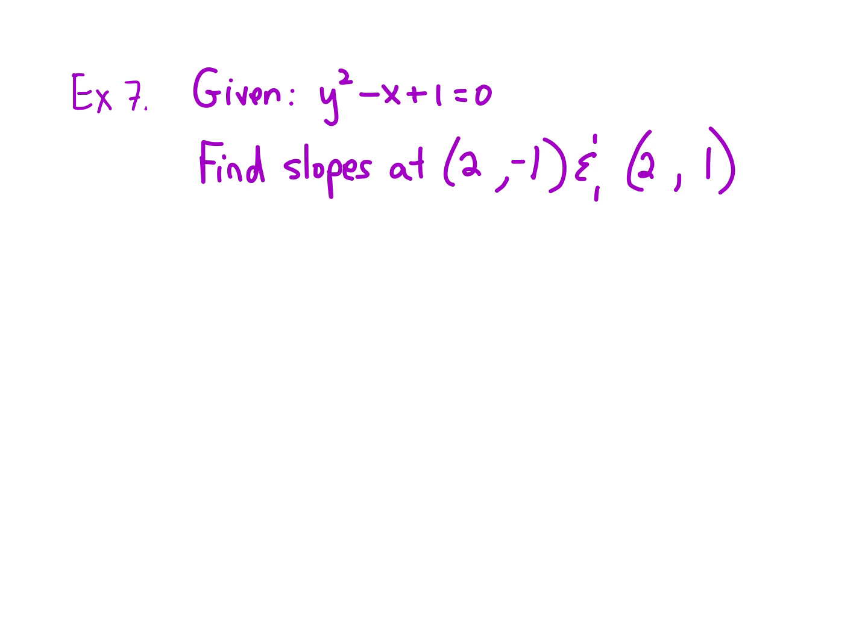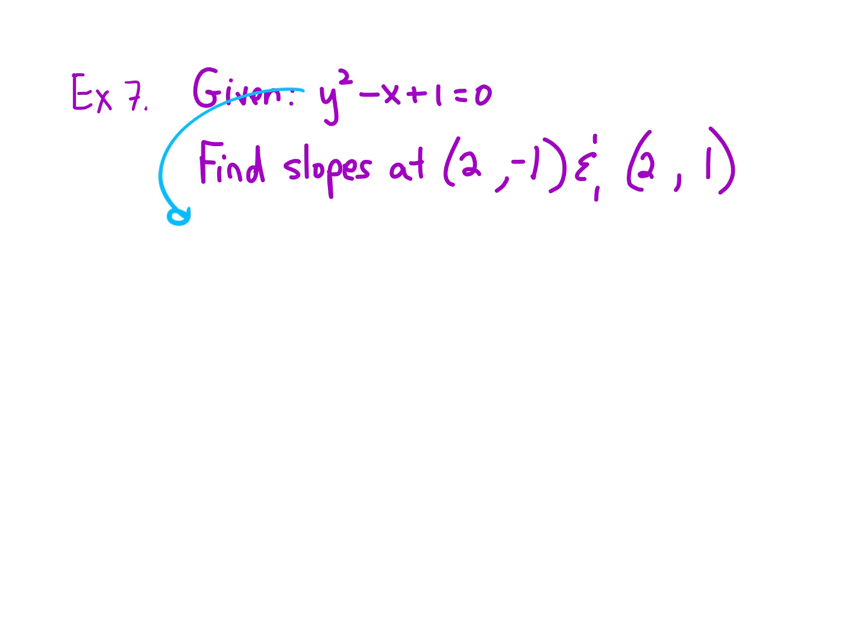This was on your quiz. We're going to find the derivative and then plug in our x and our y values here because we're going to find the derivative using implicit differentiation. So we'll have y's and x's in our answer. So let's find the derivative first.